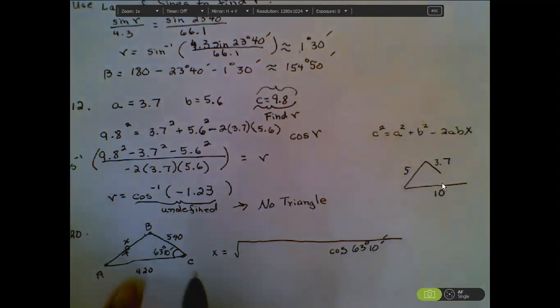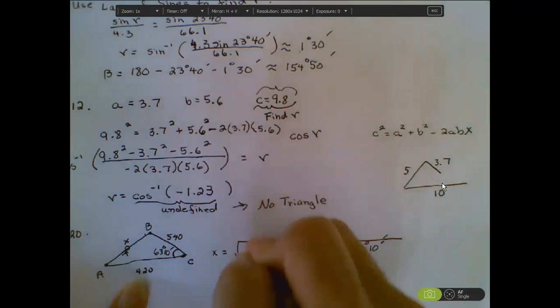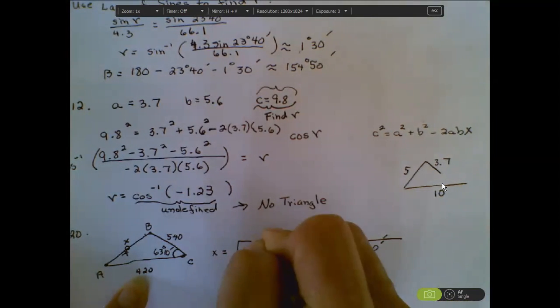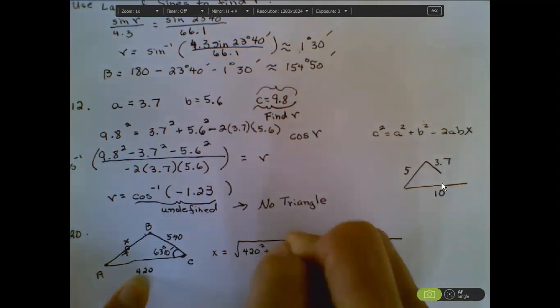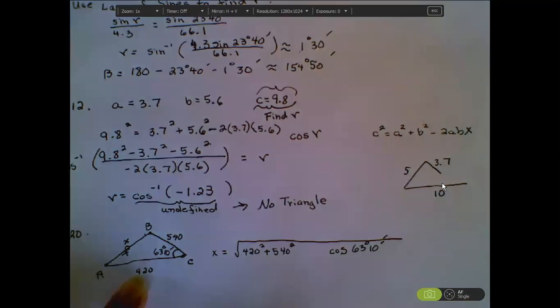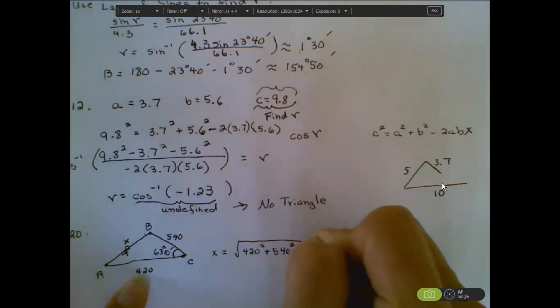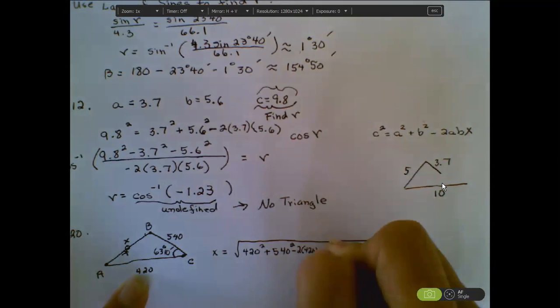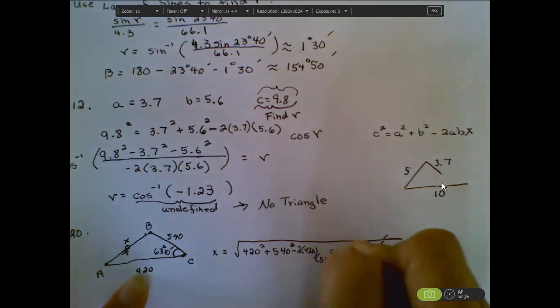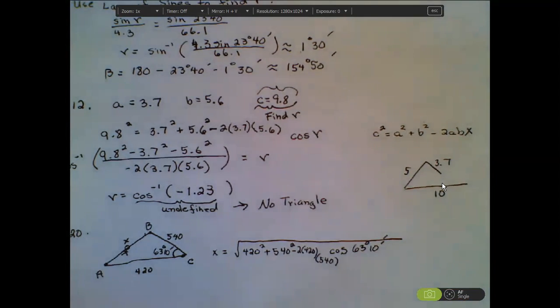That's going to start with the sum of the squares of the other two sides minus twice the product of the other two sides, and I just didn't leave myself enough room, times the cosine of the angle between them. So it's just a calculator problem from there.